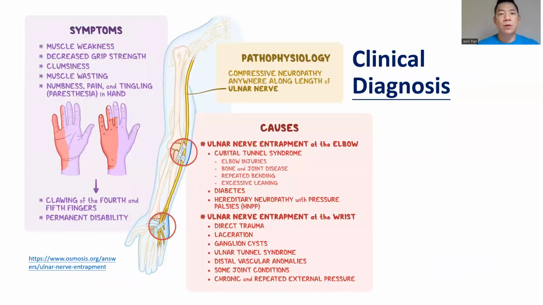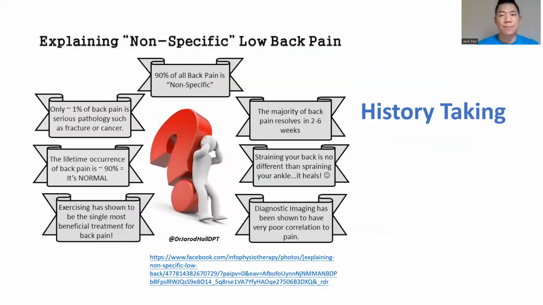And traditionally, a clinical diagnosis relies on some symptoms and signs for that nerve entrapment, including muscle weakness, decreased grip strength, clumsiness, muscle wasting, etc. However, most of the time, the patients present with very nonspecific and not detectable symptoms or signs, which causes a challenge to clinical pain physicians.